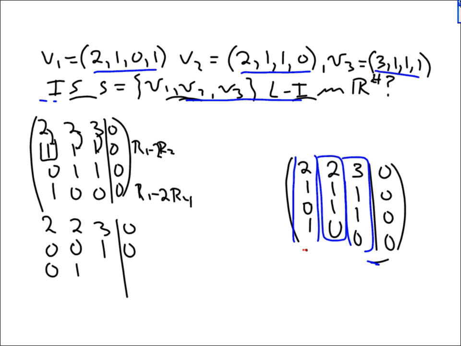Third row, no change. Last row, row 1 minus 2 row 4s. Sorry, this number 2 minus 2 of those. 2 minus 2 is 0. 2 minus 0 is still 2. 3 minus 0, or 2 zeros, is still 3. And the zeros won't change.